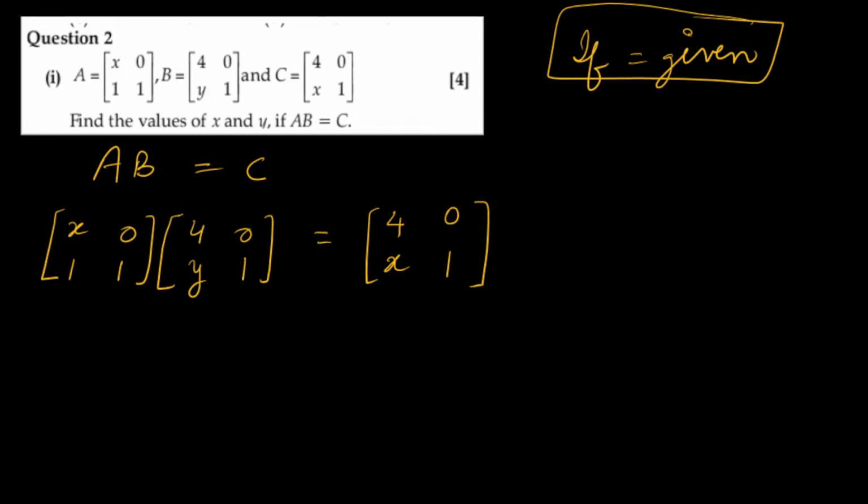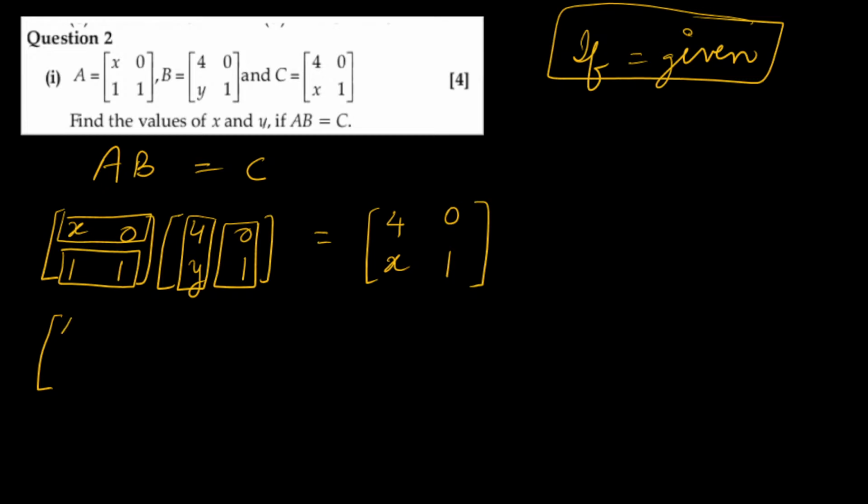For matrix multiplication, we use rows of the first matrix and columns of the second matrix. You can use these steps with a pencil. You can mark so that you can avoid mistakes here. One row and one column will give us one element.